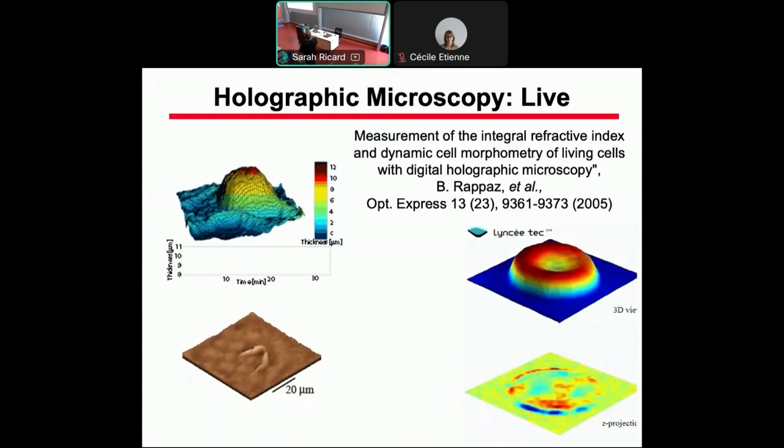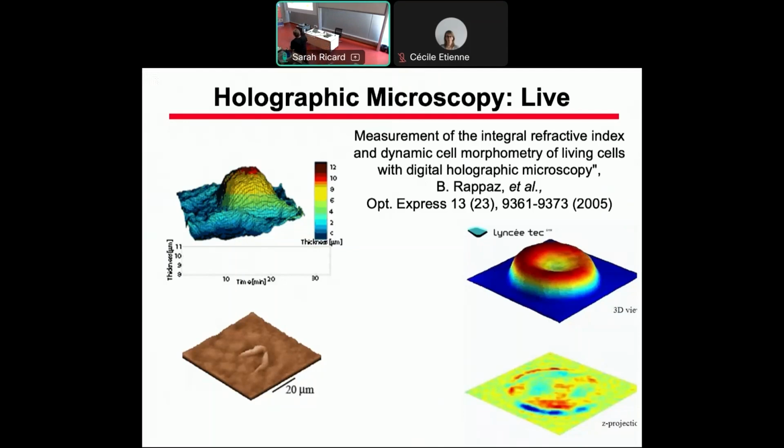This is supposed to be a movie of vibrating red blood cells, and they made beautiful experiments by measuring the vibrational modes, and they had the mechanical model of the red blood cell.